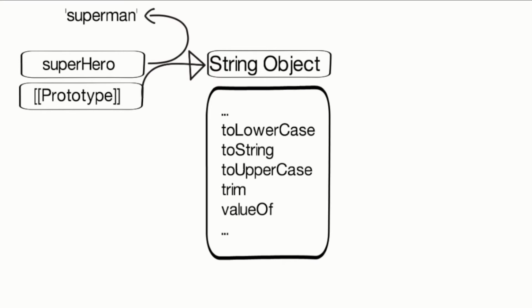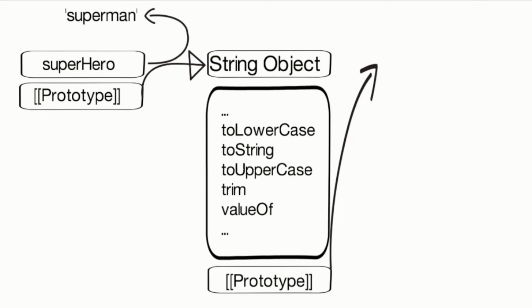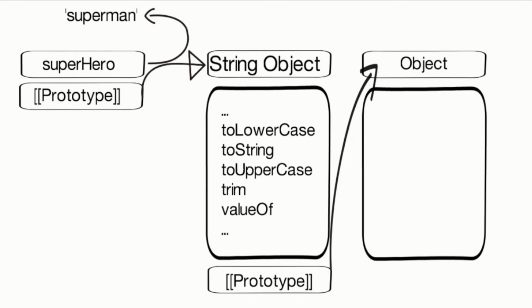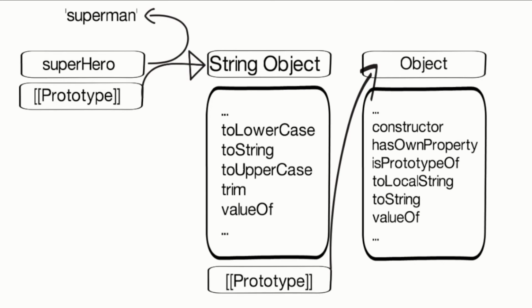We saw earlier that it can access the toUpperCase method, and the string object is able to access the properties that its own prototype, the object prototype, possesses. The object prototype doesn't have a prototype that it points to. Maybe this will help you see why JavaScript is referred to as an object-oriented language.